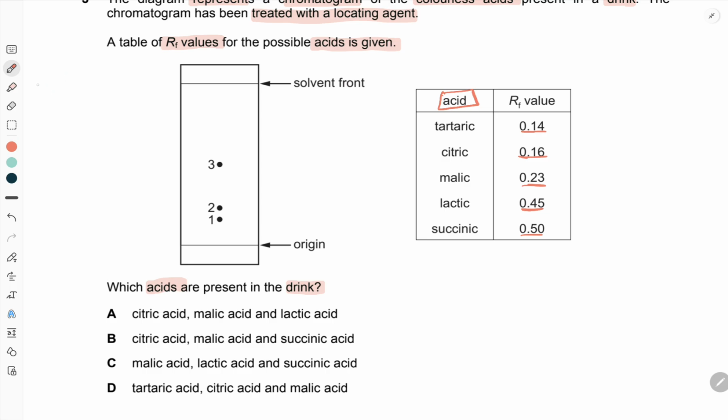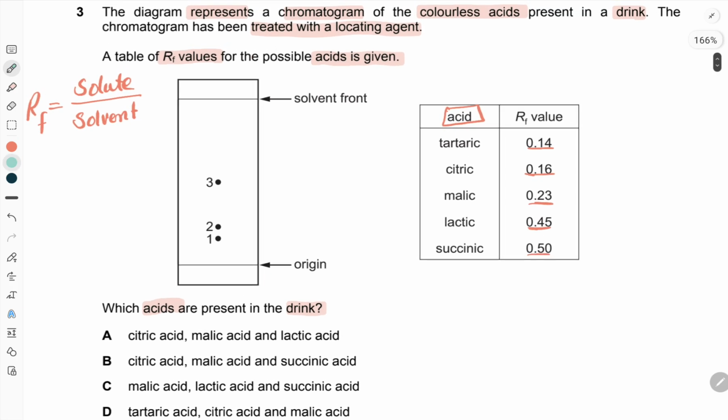Now the formula of Rf is the distance traveled by the solute from the baseline over the distance traveled by the solvent from the baseline. Let's first measure the distances. This origin is called the baseline, and this is the solvent front. Let's first measure the maximum distance traveled by the solvent. If you measure with the help of a scale, the distance is 5 cm.